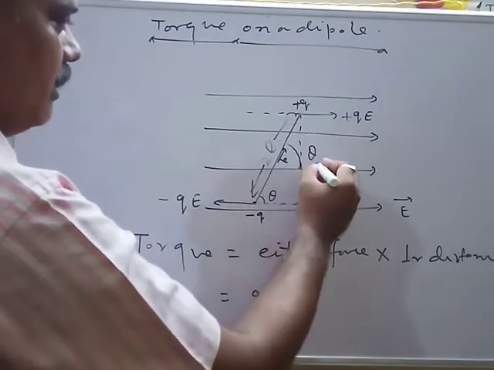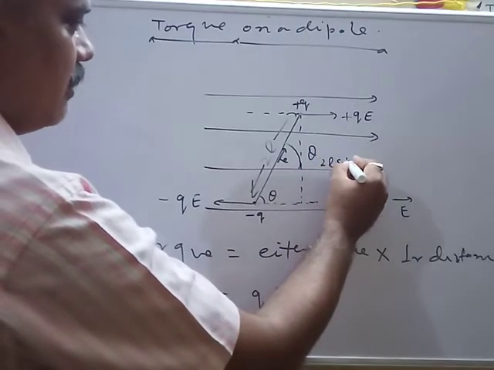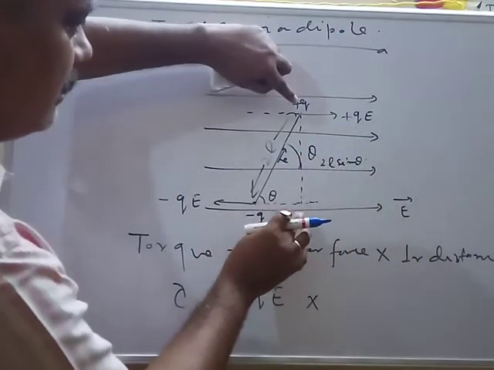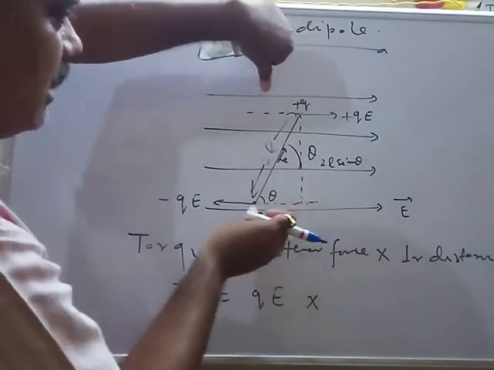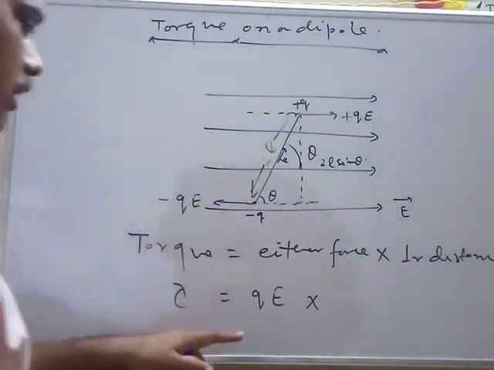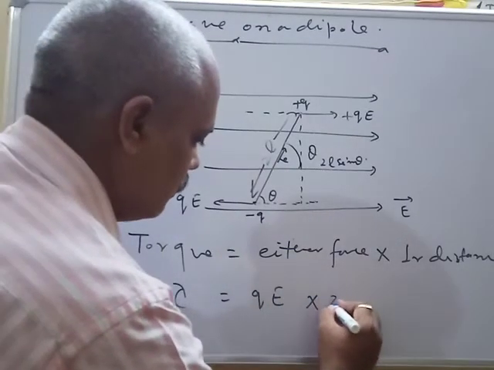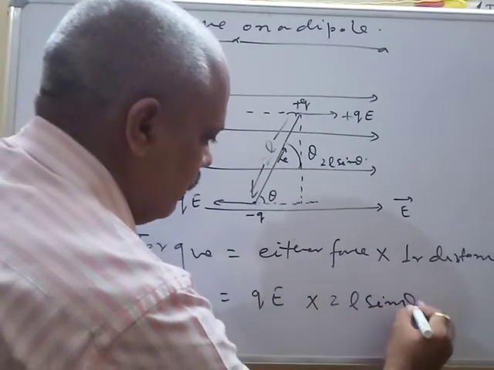Now this perpendicular distance is 2L sin theta, meaning the perpendicular distance between the lines of action of the two forces is 2L sin theta.